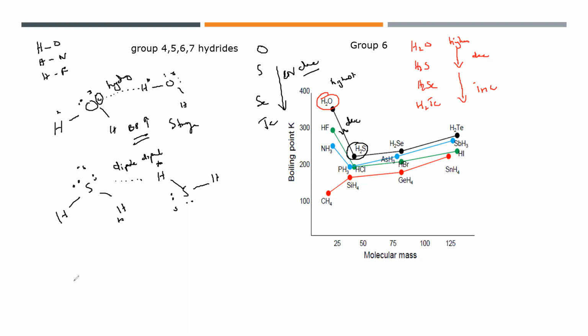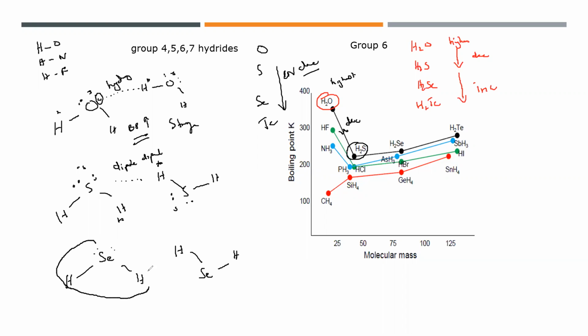As it moves to selenium, hydrogen selenide, the selenium electronegativity is smaller as compared to sulfur or oxygen. So the partial positive and negative will be there, but small. But what else will be there?